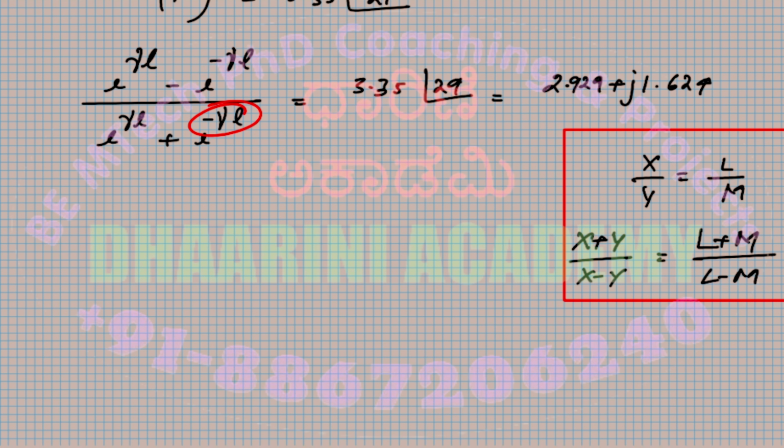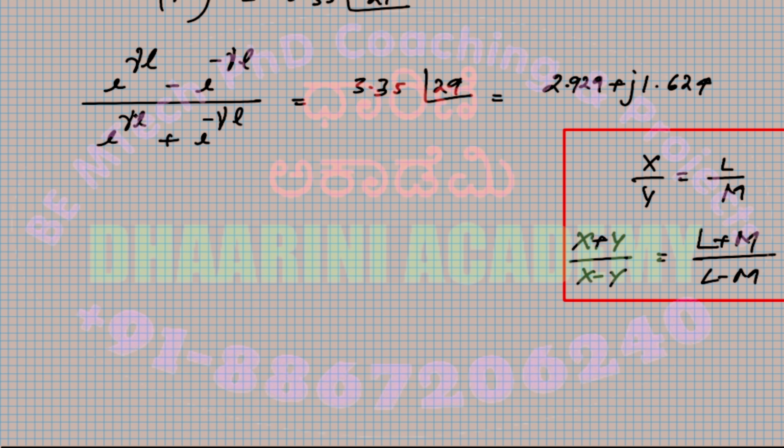The first term numerator will be denominator plus numerator. I'm writing in the numerator part y plus x. Denominator is y, numerator is x for me.